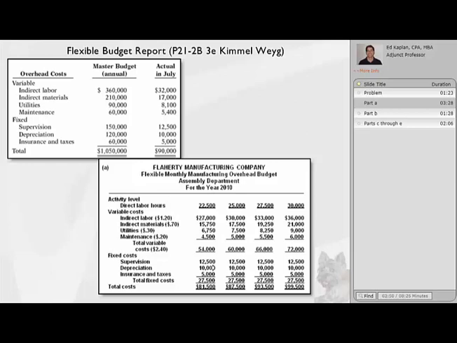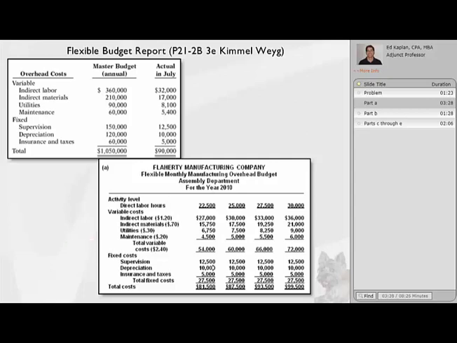So then after we multiply the cost per direct labor hour times the various levels of activity, which again is direct labor hours starting at 22,500, then going up to 30,000 in increments of 2,500 hours, we can then add to come up with the total variable cost, or we can add the per unit costs and multiply that. The total of the per unit cost comes to 240. Multiply that times the direct labor hours, and we've calculated the total variable cost.